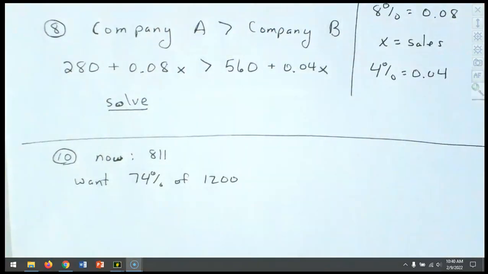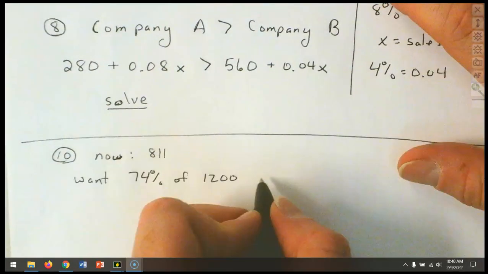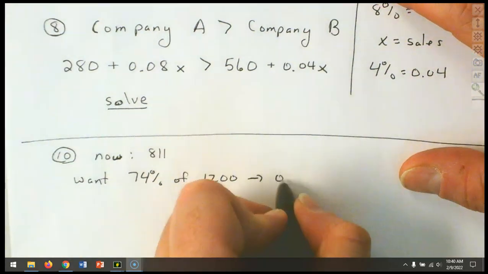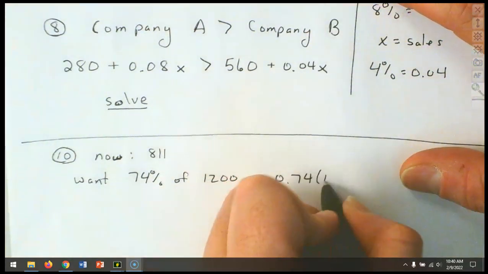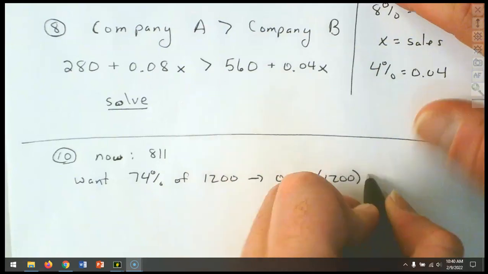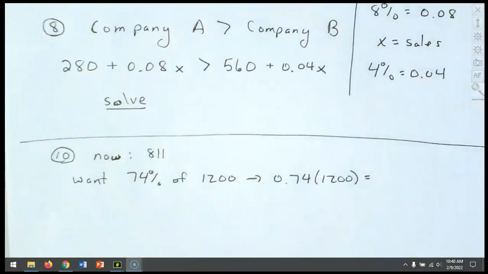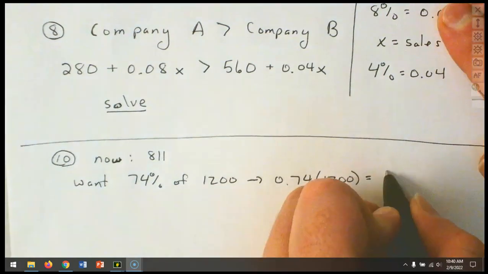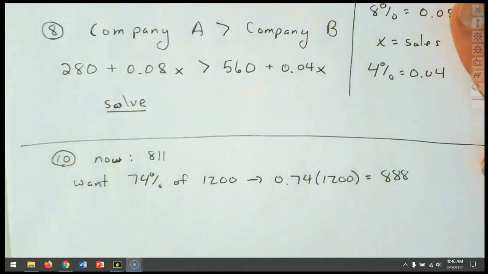And what would that be? So that's 0.74 times your 1,200. And to make sure we get credit for this course, we need to make sure we get that 74. So 74% of the 1,200 total points possible is 888, right? Is everyone okay with that?